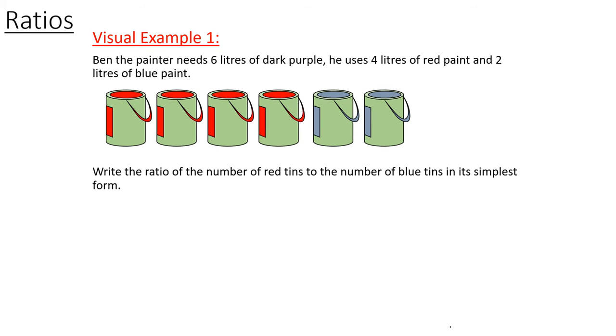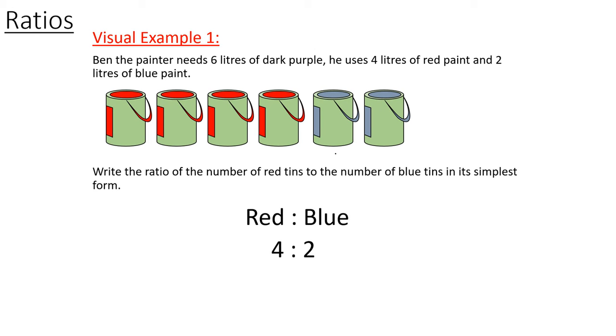So visual example, I would like you to copy this down as we go along. Ben the painter needs 6 litres of dark purple. He uses 4 litres of red paint and 2 litres of blue paint. So you can see he's got 4 tins, each a litre of red and 2 of blue. Write the ratio of the number of red tins to the number of blue tins in its simplest form. So at first he's got red to blue.